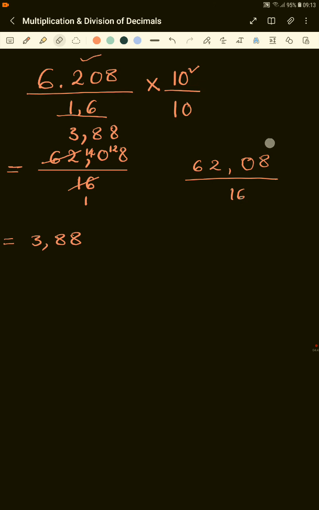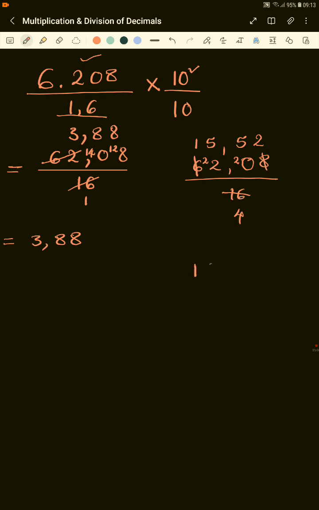So we say 4 into 16, that's 4. 4 into this, that's 1, remainder 2. 4 into this, that's 5, remainder 2. And 4 into 20, that's 5. 4 into 8, that's 2.